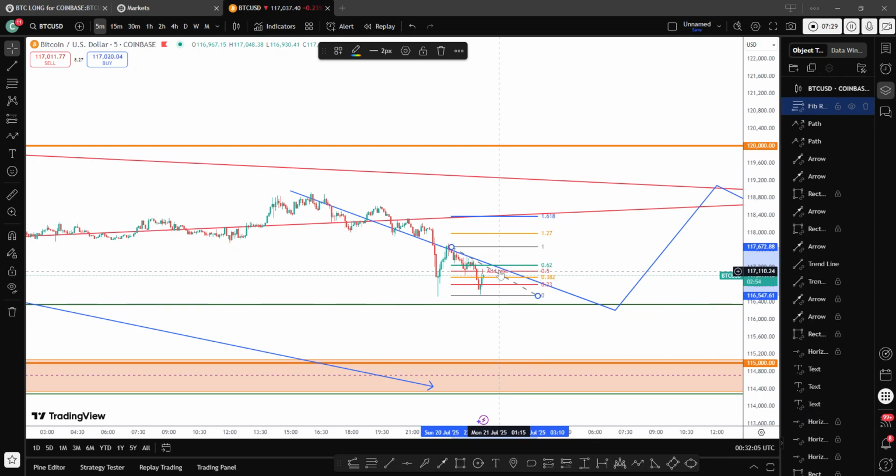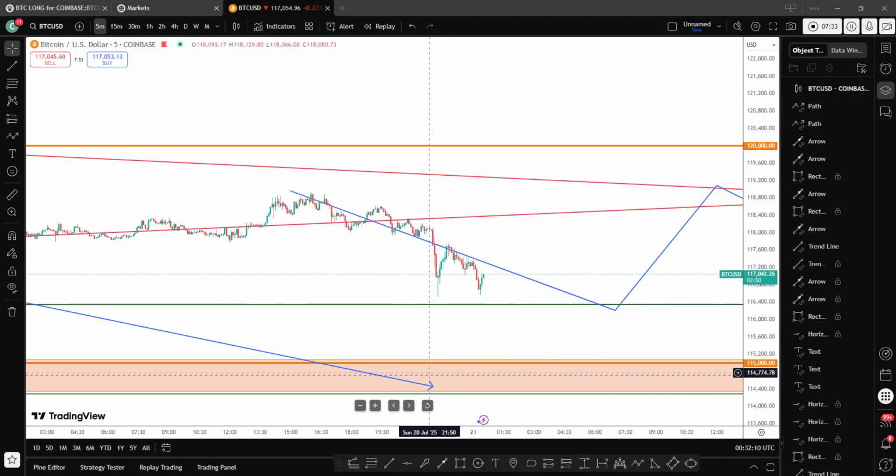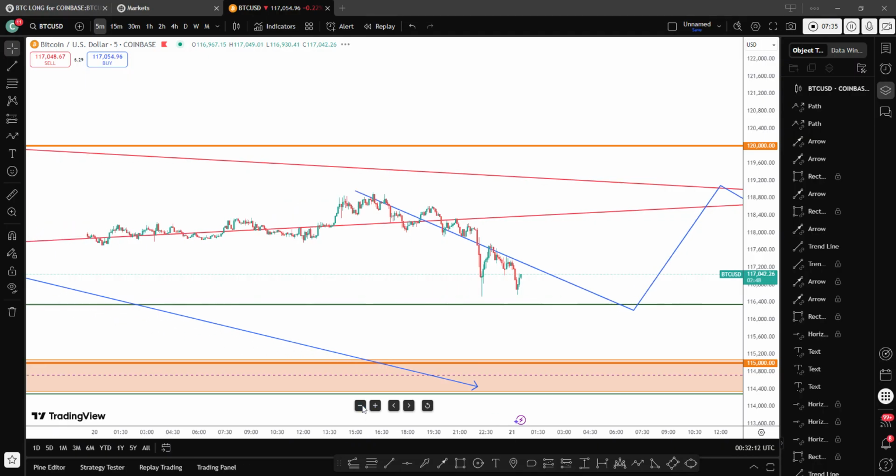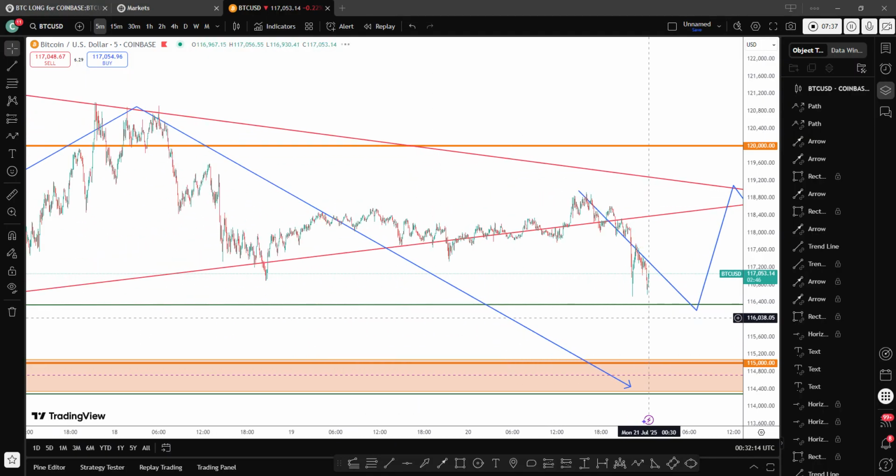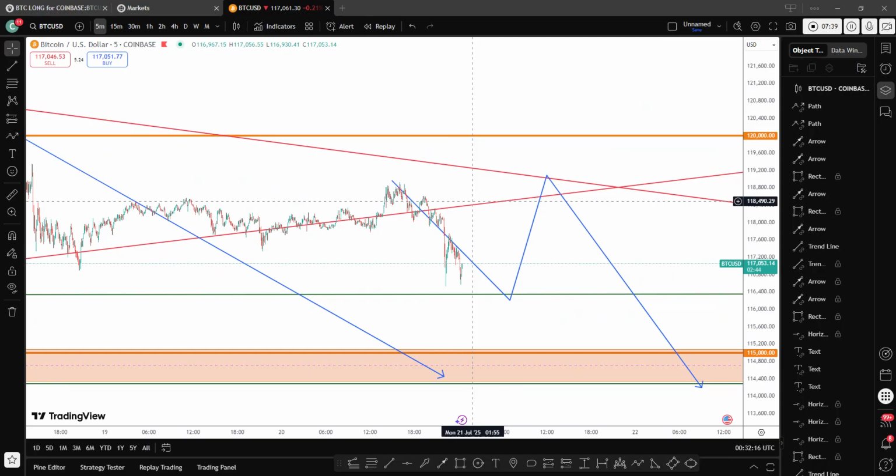So we'll favor more of a sell. So for today, for this morning, for straight, we see price move up. So I'm taking a buy on my live account.